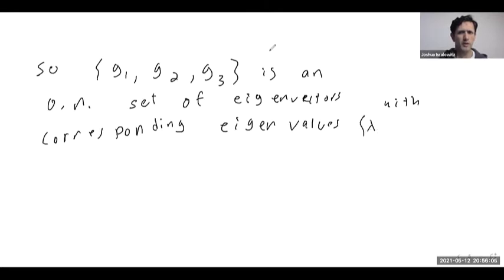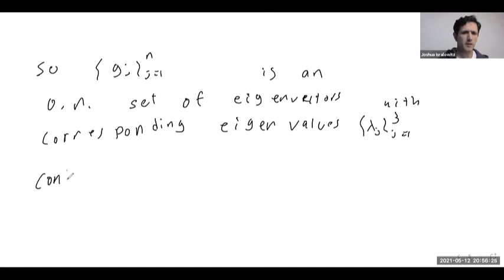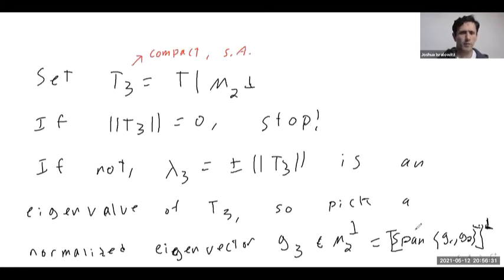It's a little annoying to write it like this, so I'll write it like this here: lambda j, j equals 1 to 3. Okay, so we just keep continuing, and we just keep going and going and going.